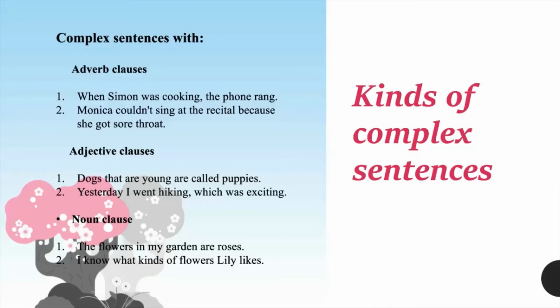Now, there are 3 kinds of complex sentences that differ from each other by the function of the dependent clause it contains. Thus, if the dependent clause acts like an adverb, like in the sentence, When Simon was cooking, the phone rang, or Monica couldn't sing at the recital because she got a sore throat, then we have a complex sentence with an adverb clause.